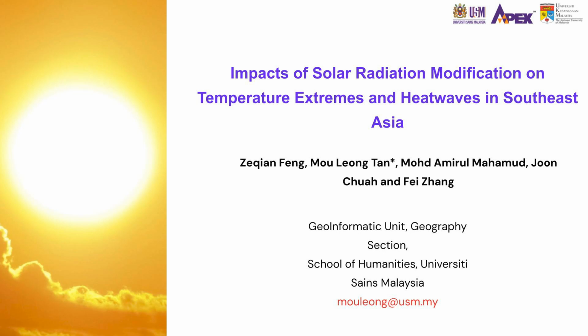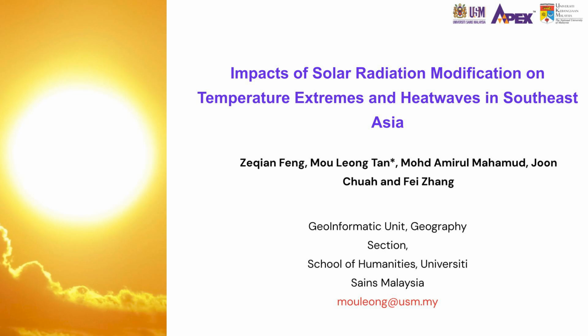The red color represents the SSP585, and the blue color represents the SSP245. The G6 sulfur has reduced the hottest day temperatures by at least 0.5 to 1 Celsius in this mainland region.